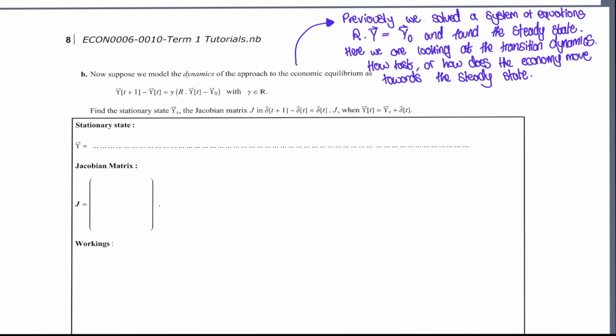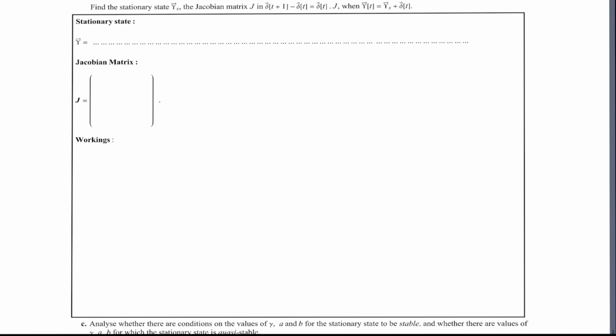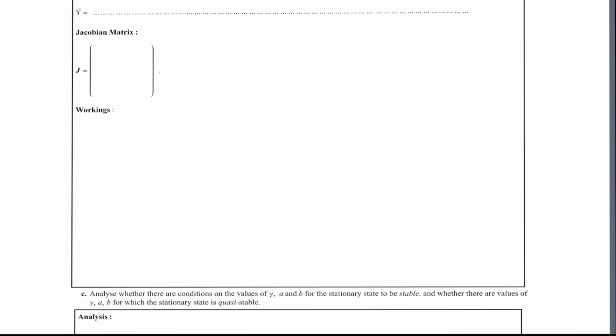Because of course the economy isn't always at its steady state, it has to move towards it over time. A model which links to transition dynamics is the Solow growth model, which is a long run model which tries to explain economic growth through capital accumulation.